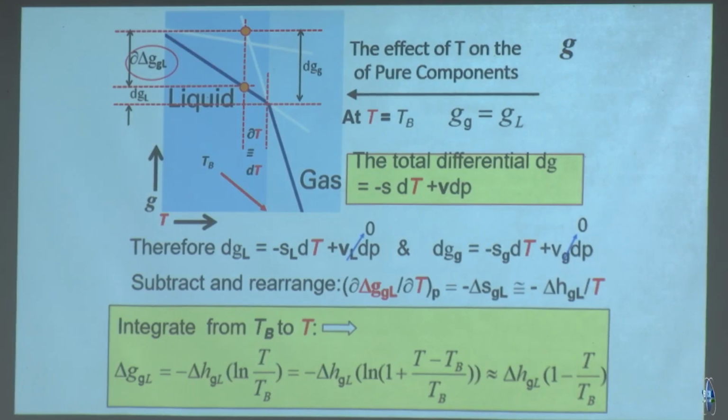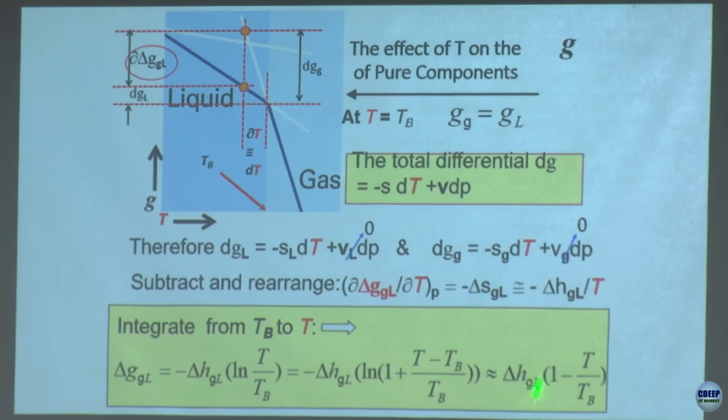Fine. And therefore you get into a problem. I will show you where you get into the problem, but generally wherever you can assume that the enthalpy of vaporization is relatively constant in the temperature range of interest to you, in that case this expression is fairly good.